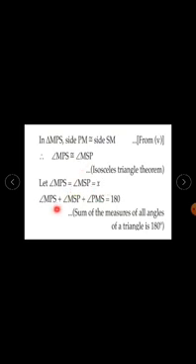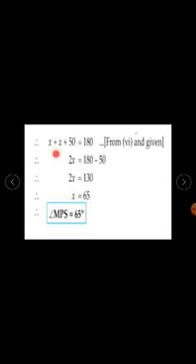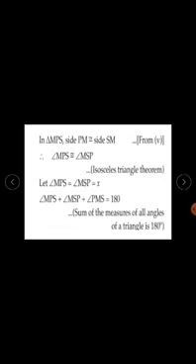And we know sum of all three angles of a triangle is 180 degrees. So for this triangle MPS, angle MPS plus angle MSP plus angle PMS is equal to 180 degree. Now for MPS and MSP substitute X, and PMS is given 50 degree.